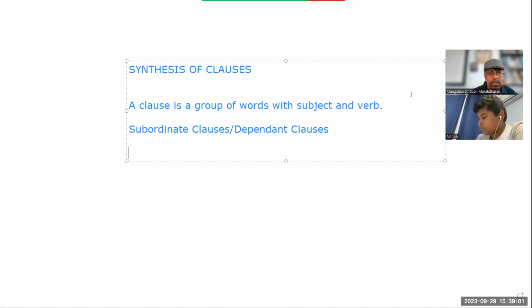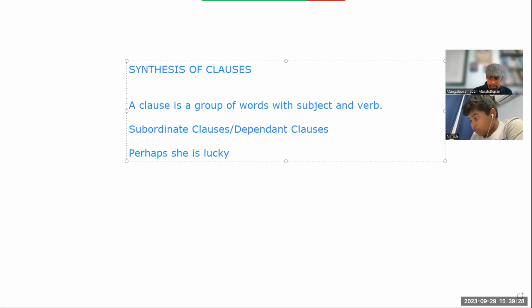What is a subordinate clause or a dependent clause? It doesn't complete meaning. It doesn't give you a complete meaning. It does give you partial meaning. For example, I say, perhaps she's lucky. Perhaps she's lucky.